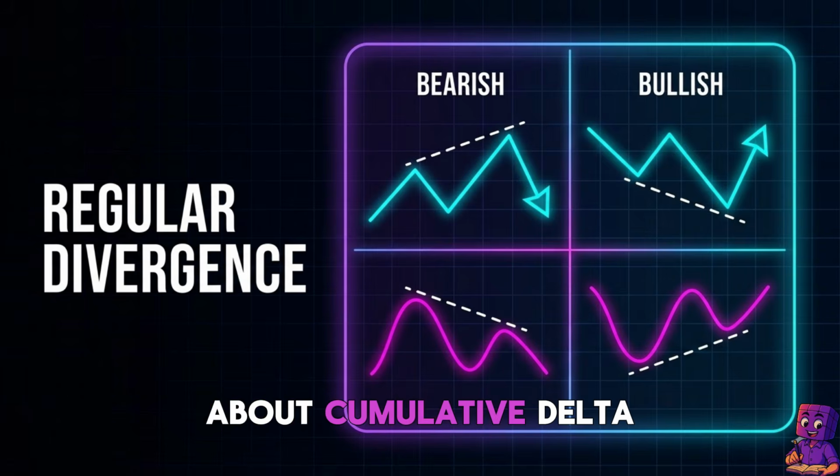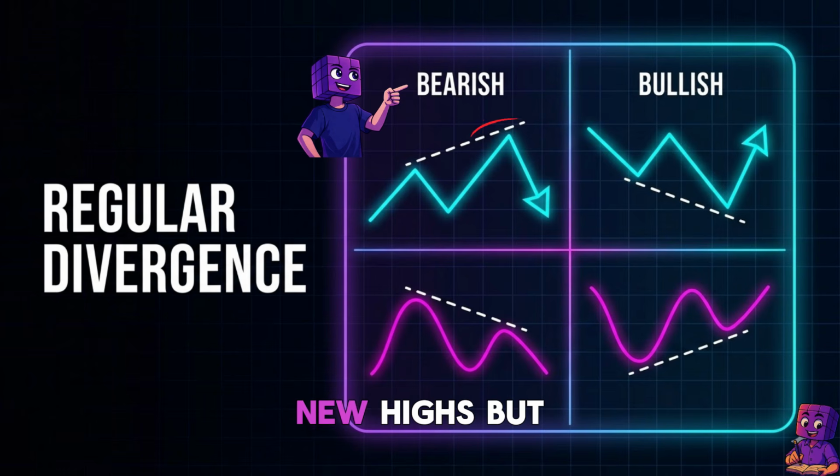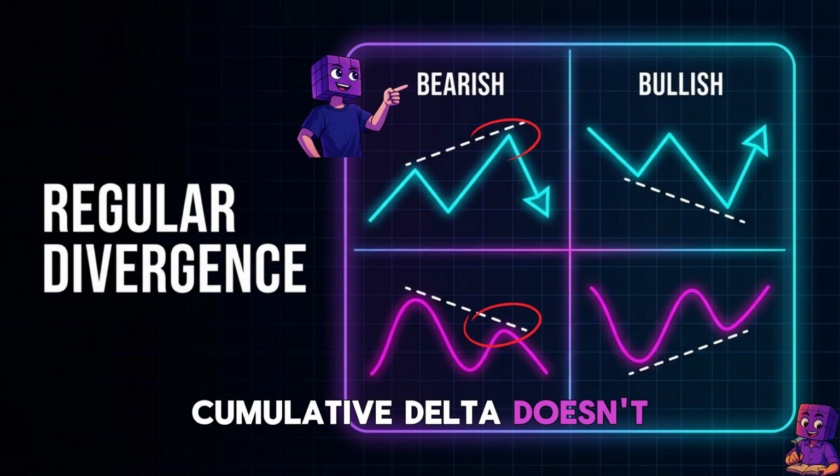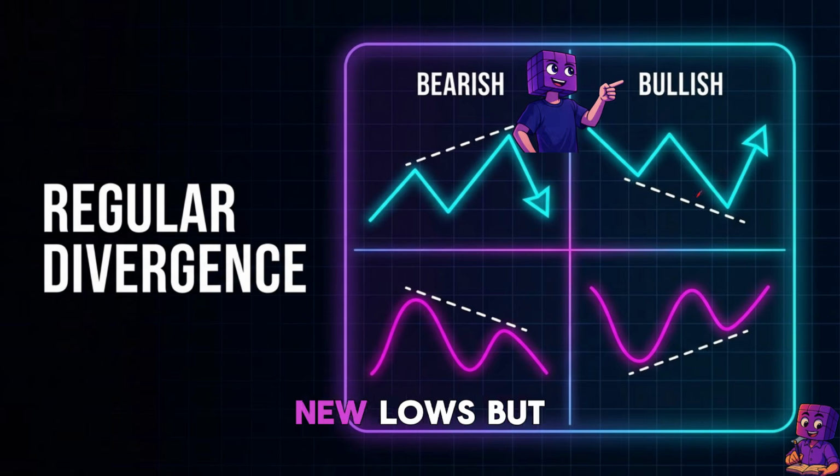The second concept about cumulative delta is the divergence versus price, a big clue of change or a big move. This is the most popular use of cumulative delta. If price makes new highs, but cumulative delta doesn't, that's a clue of weakening buying participation. If price makes new lows, but cumulative delta doesn't, that's a clue of weakening selling participation. This is exactly what we said before.